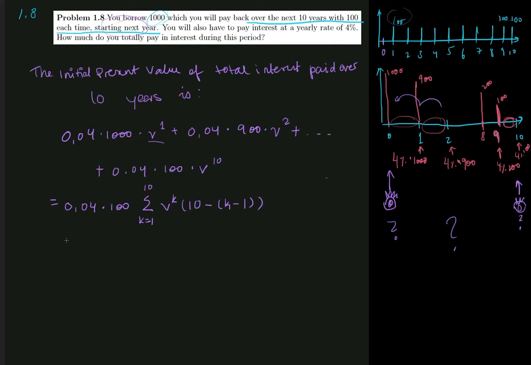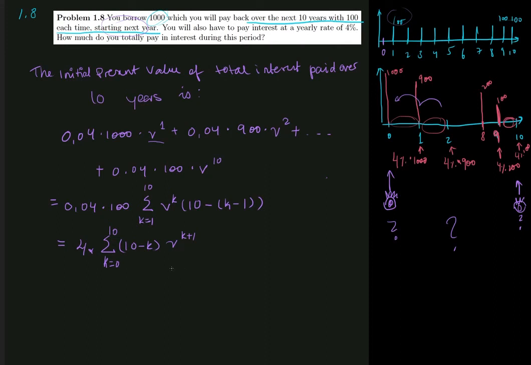And let me try and see if I can write that a bit nicer. So we have 4 multiplied by the sum, and it's just a bit nicer to have the plus 1 minus 1 stuff up here. So I can change this to k equal to 0, and then I can just have 10 minus k, and then I have v to the k plus 1, like that.